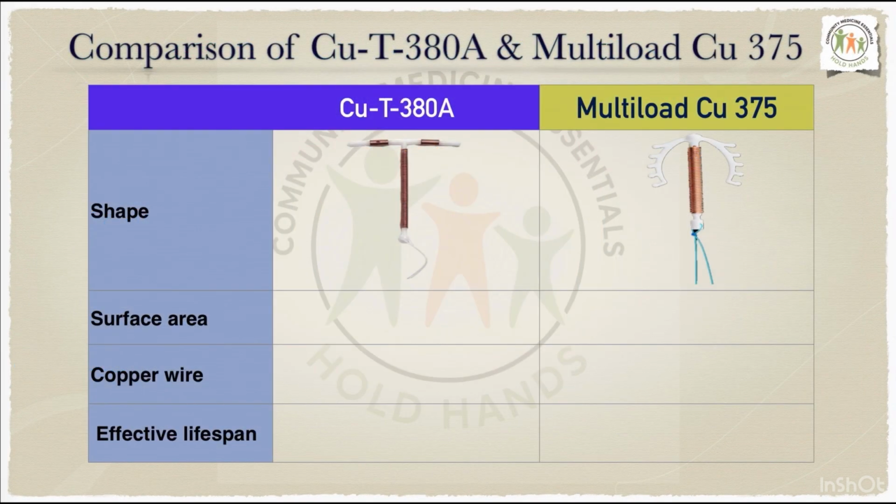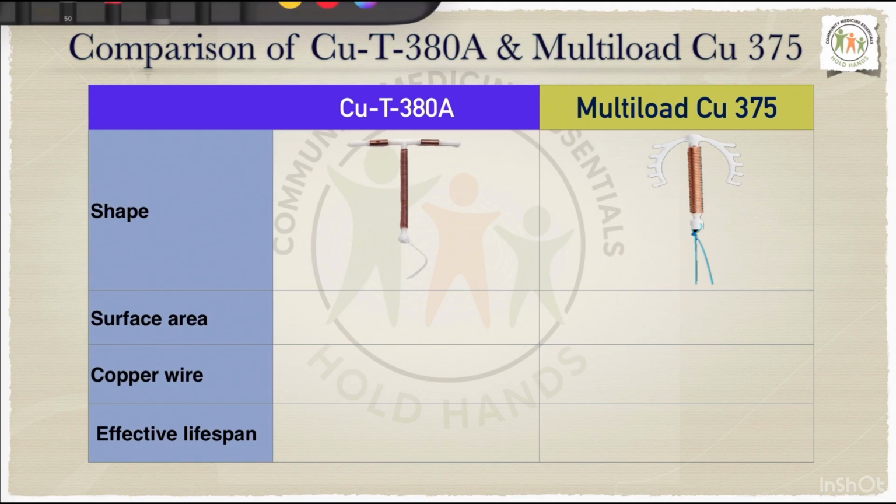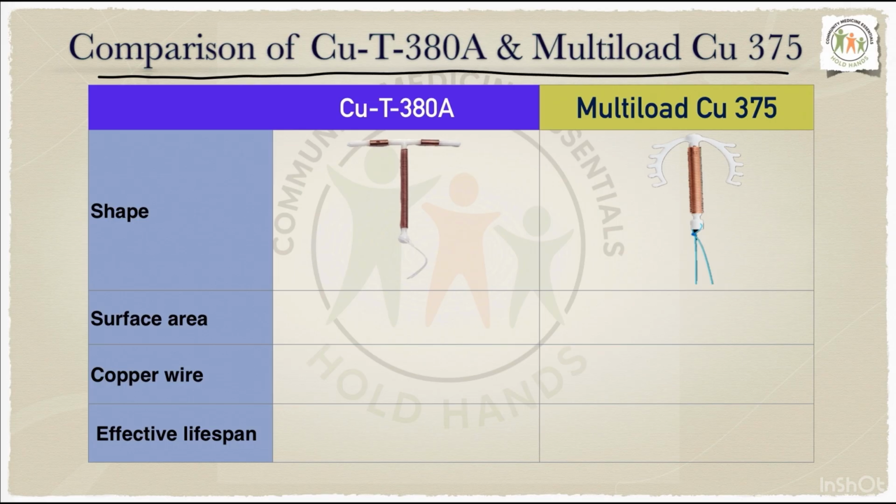Now we will compare the two commonly used copper bearing IUDs, copper T380A and multi-load copper 375. Surface area of copper in these devices is indicated by the numbers in the names.